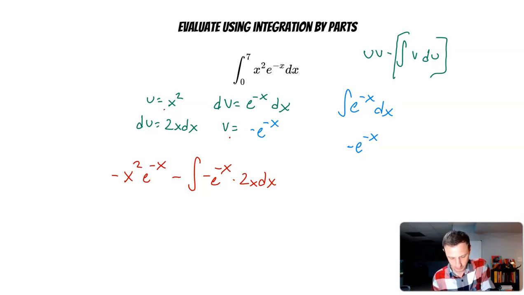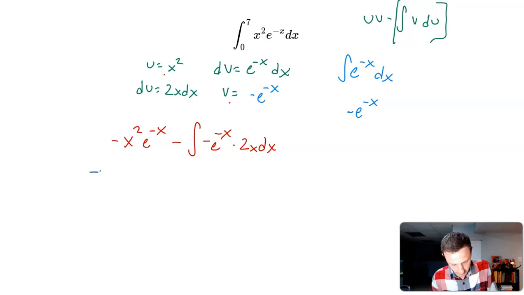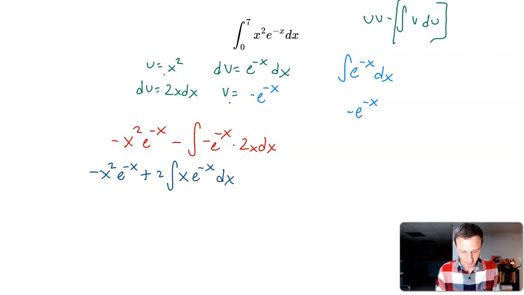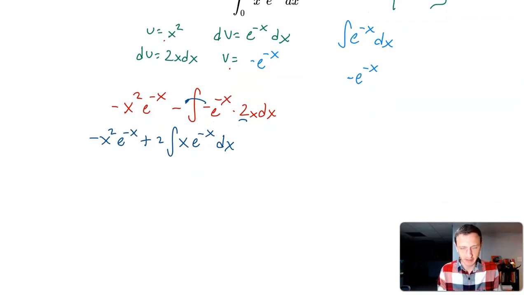So I'm going to have negative x squared e to the negative x plus 2 times the integral of x e to the negative x dx. Let me just recap that again. I took this negative and brought it out. That became negative and negative, which makes it a positive. The 2 came out. So now I have this integral of x e to the negative x.